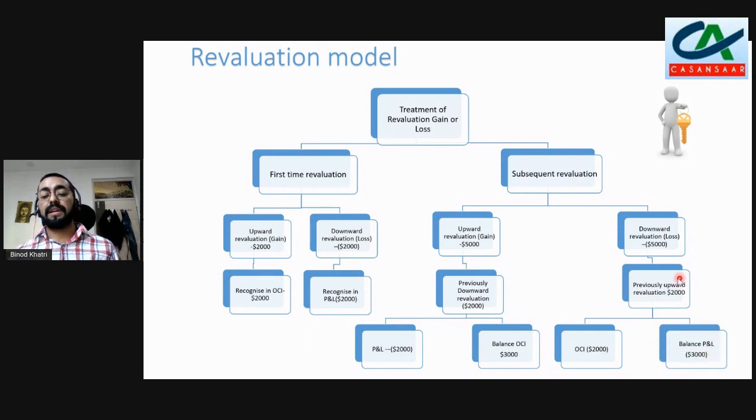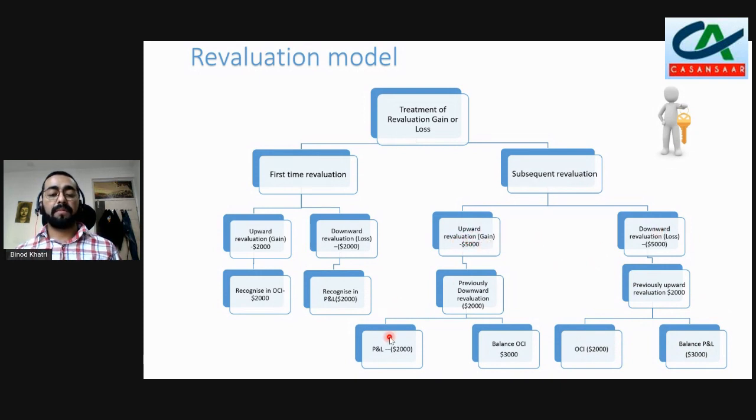Very simple. If we already have that reserve in OCI, other comprehensive income, we can set off the loss up to the available revaluation gain in OCI, and the balance needs to be charged to the profit and loss account. Same for both loss and gain.